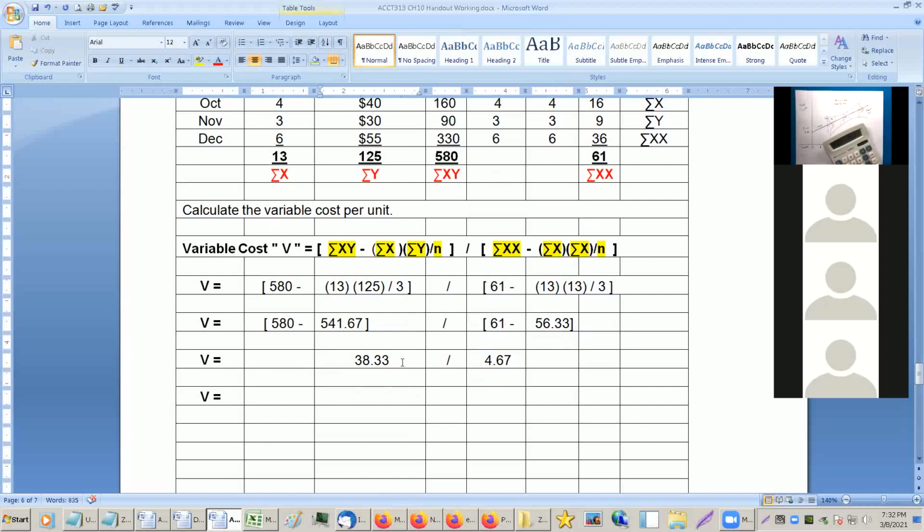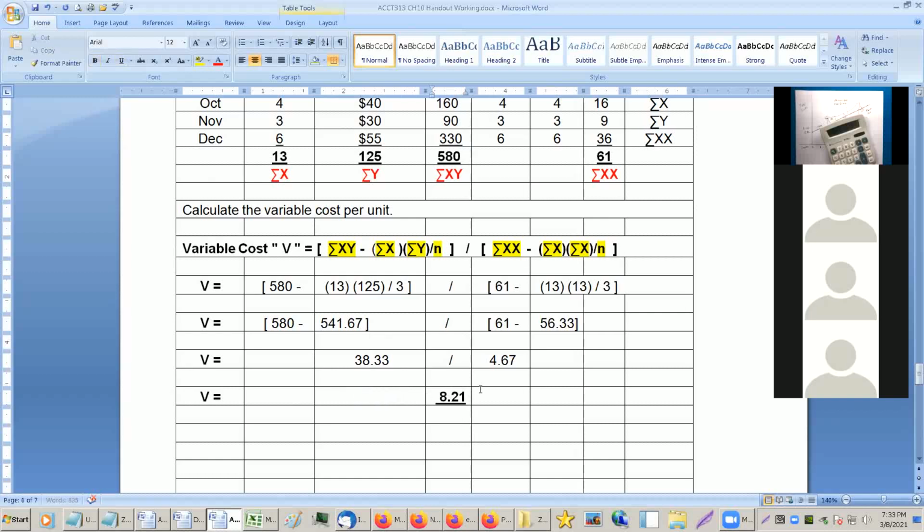Okay, so 38.33 divided by 4.67 equals 8.21. And so this is the variable cost per unit.